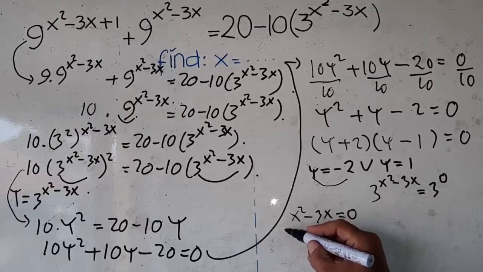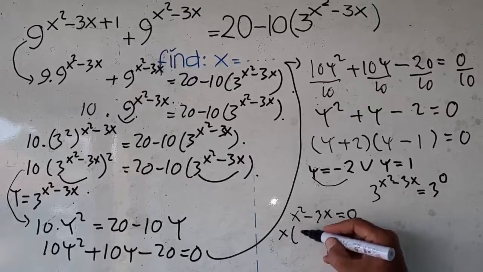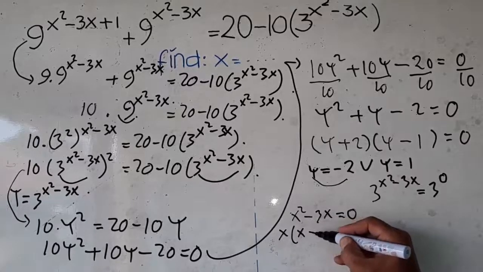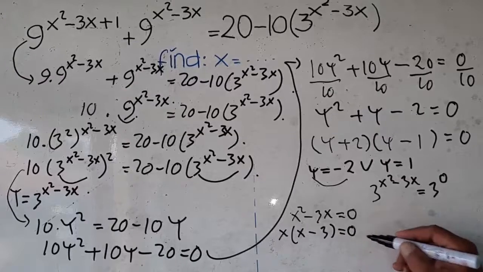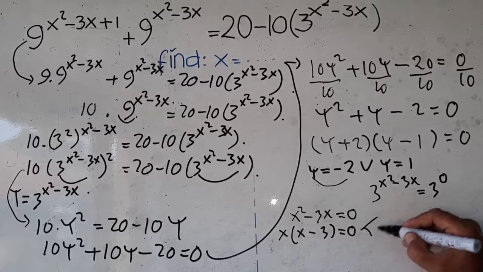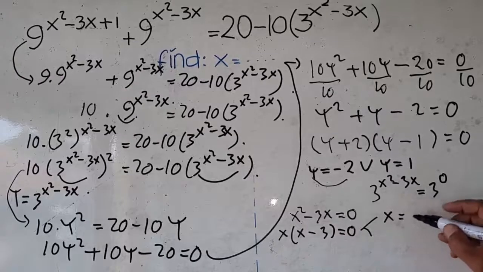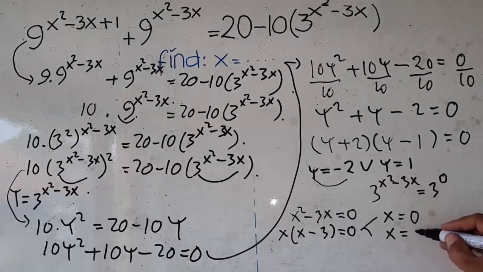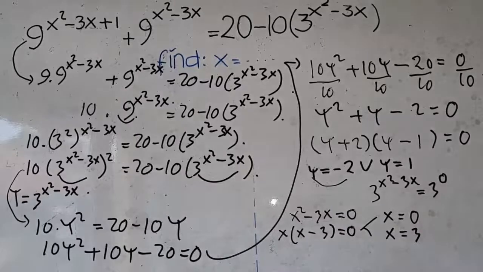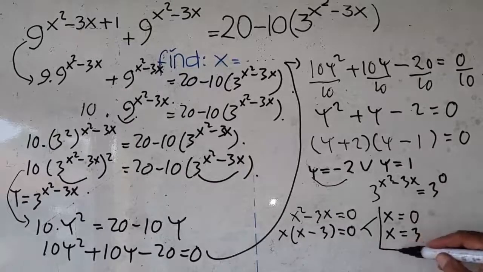Factor: x times x minus 3. So that x equal 0 or x equal 3. This is the solution.